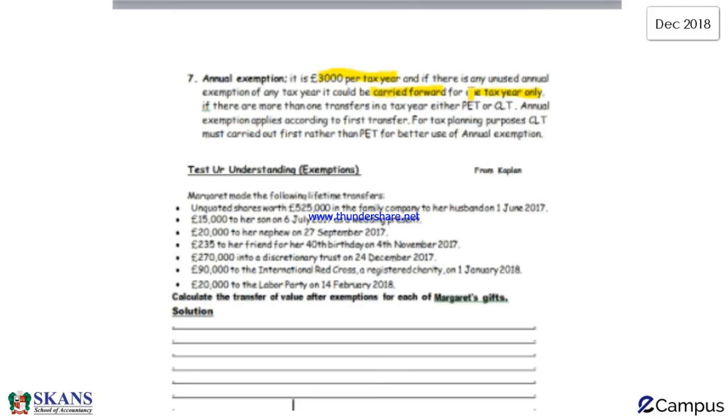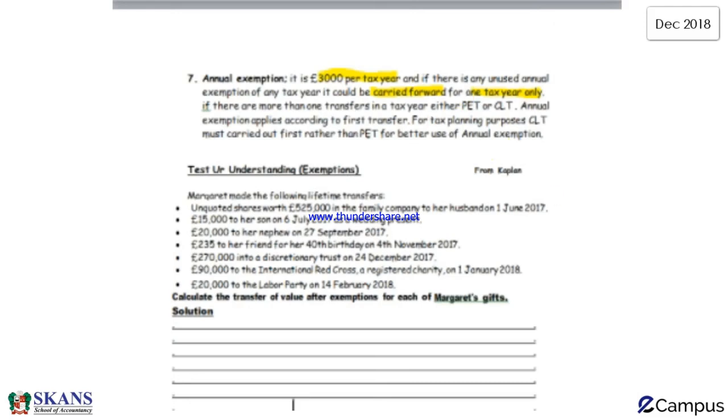So, for instance, if we have not made any lifetime transfer in 16-17, in 17-18, we will be provided with an exemption totaling 6,000. But make sure whenever you are deducting 2 annual exemptions out of any transfer, you must deduct the annual exemption of the tax year in which the transfer was made first, and then the annual exemption which has been carried forward. That's a rule, you would not be able to amend it for your own benefit.